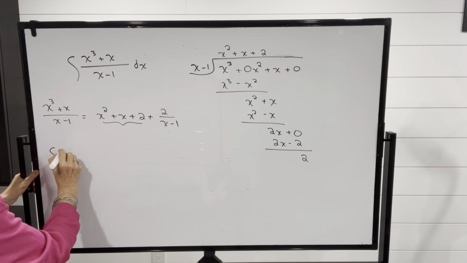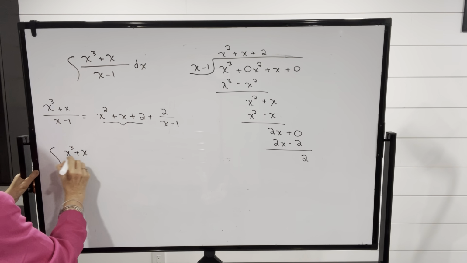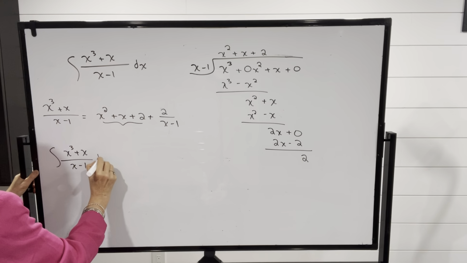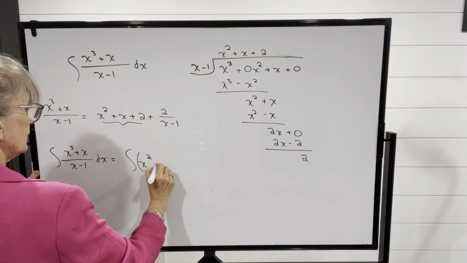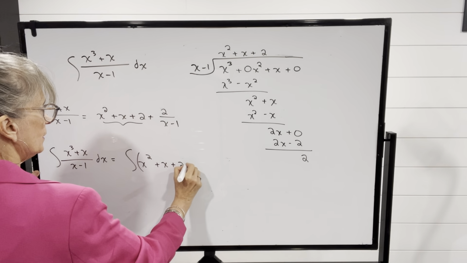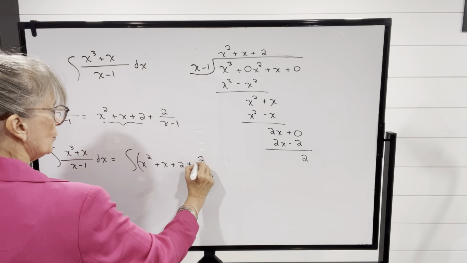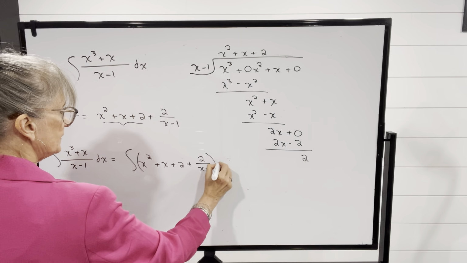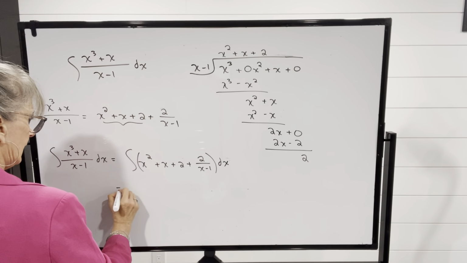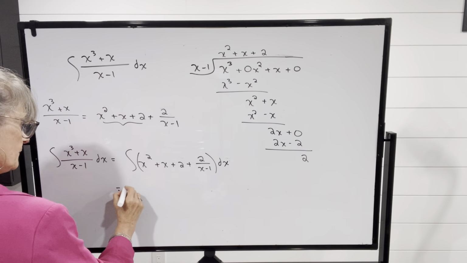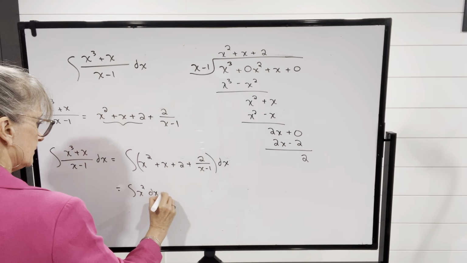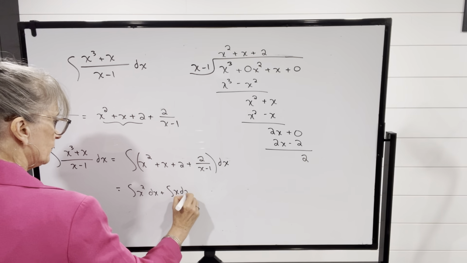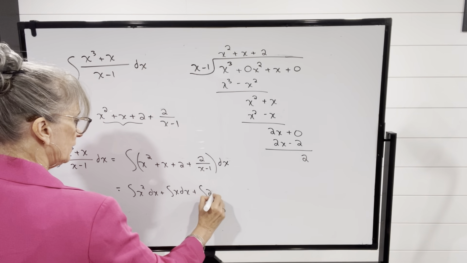Therefore, the integral of x cubed plus x over x minus 1 dx will be equal to the integral of x squared plus x plus 2 plus 2 over x minus 1 dx. And I can integrate term by term. It's kind of a long way of doing it, but I don't want to lose anybody.